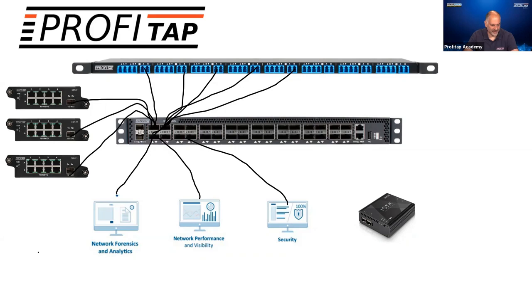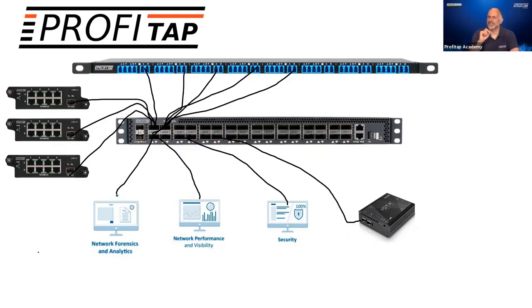I could send traffic to my security analyzer, and I could send traffic over here to my IOTA. Now through the rules, I can now come in and I can start setting up that aggregation and distribution process. I can say that I'm going to take the traffic for here, I'm going to send it over here. I'm going to take the traffic for here and send it over there.